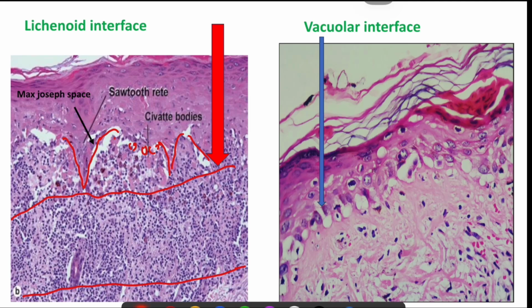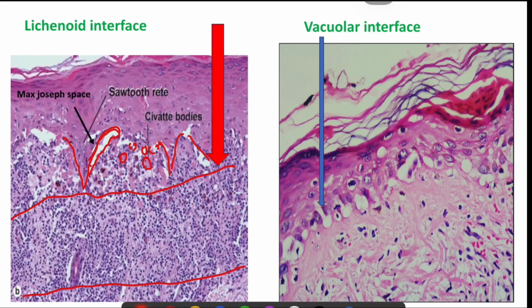So vacuolar change, sawtooth rete, some pink bodies without nucleus. So these are colloid bodies. This is band-like lymphocytic infiltration, and because of extensive vacuolar change, there is a cleft between epidermis and dermis. This cleft is also known as Max Joseph space. So this is lichenoid interface.